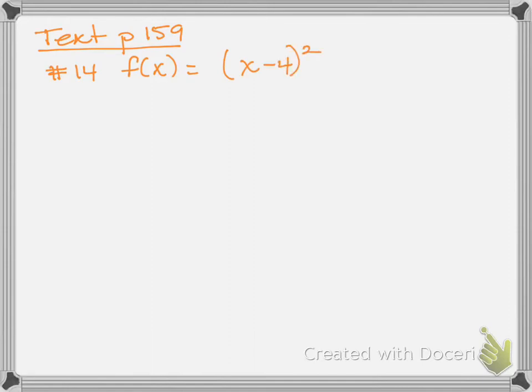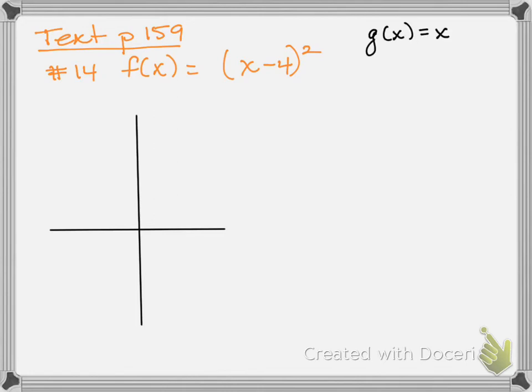Okay, so if we look at this graph, we know it's a parabola, right? So let's graph it. Our parent function is g of x equals x squared.